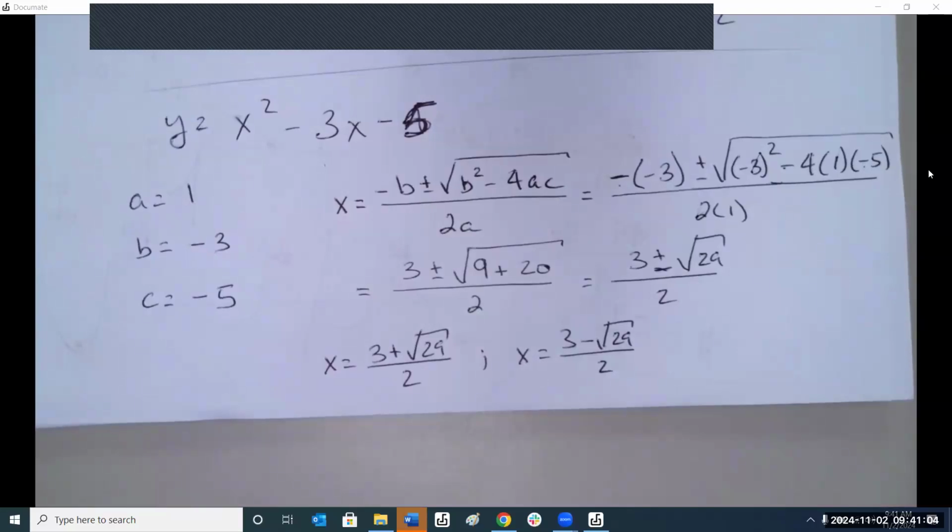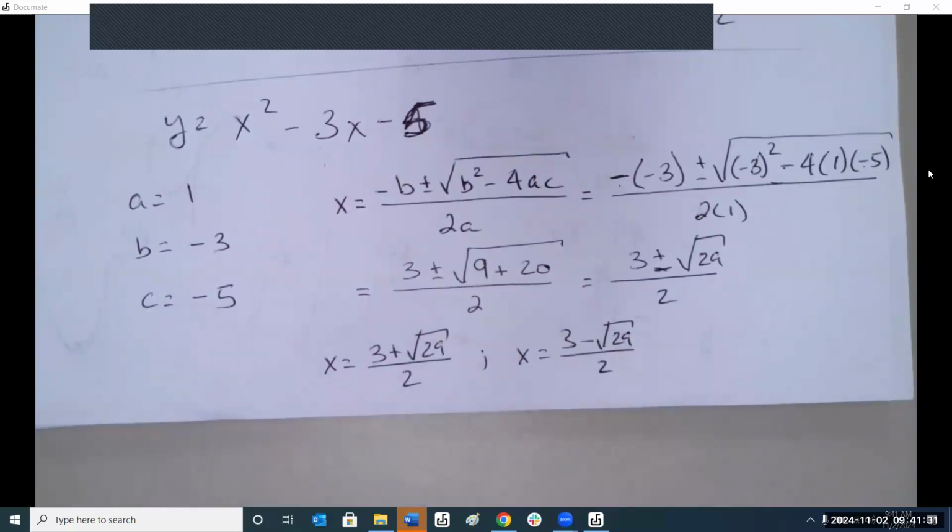Those are my x-intercepts. Square root of 29 is a little bit bigger than 5 because square root of 25 is 5. Square root of 36 is 6. So it's between 5 and 6, 5.4, 5.5. So far, so good.